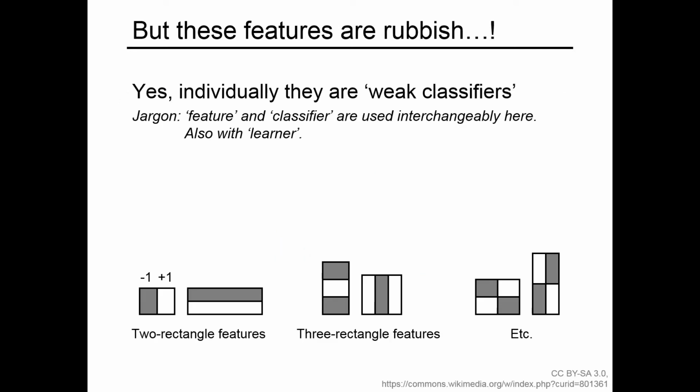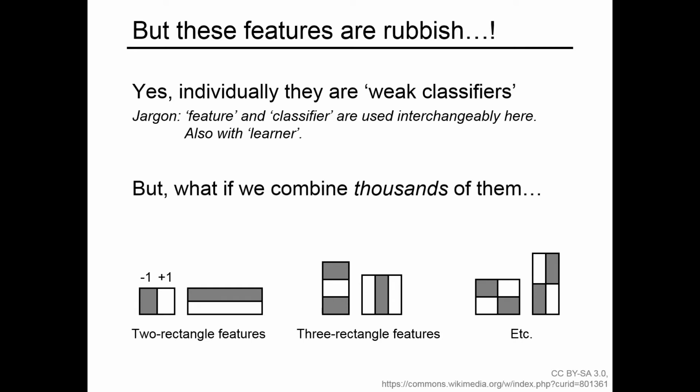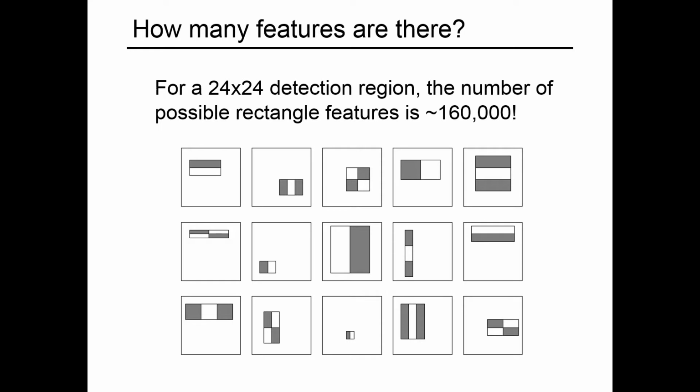Before that, let's look at how to compute them efficiently. As I mentioned, you have many of those, right? It didn't go up to 1 million, but in the original paper it says like 160 thousand of them. So we just try all these different combinations over areas of just 24 by 24.